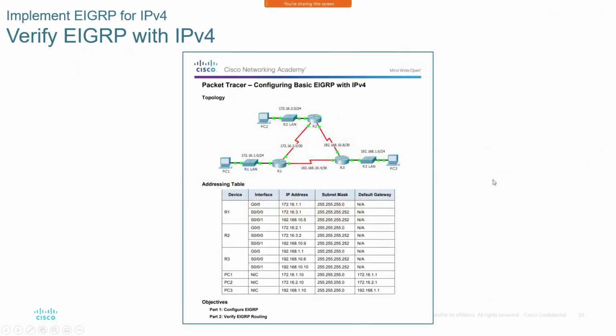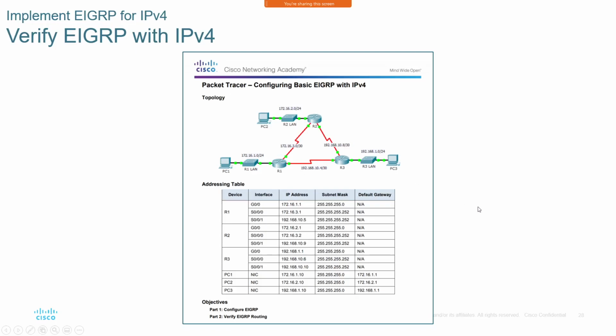There is a Packet Tracer activity for you guys to do to verify EIGRP with IPv4. So basically you're going to observe how the EIGRP routes are going to be learned. Router 1 is expected to learn information about R2 LAN, R3 LAN, and this network which is not directly connected to it.